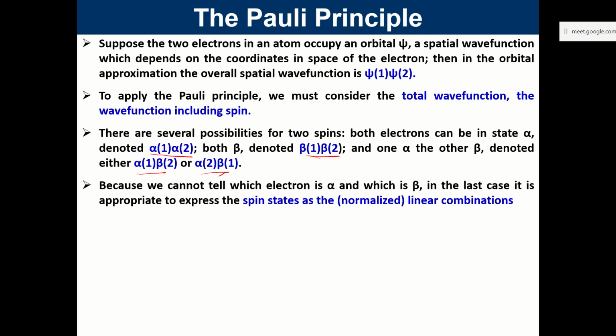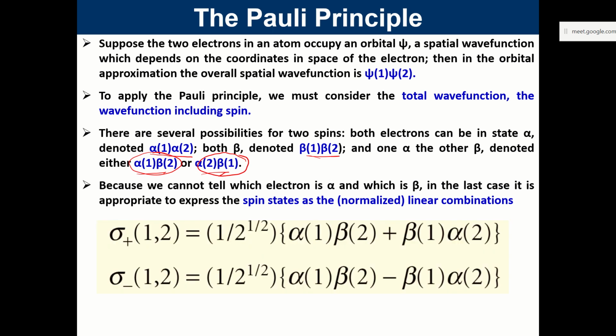For these spin state combinations, we realize that it is not correct to express them this way, because we are not sure which electron has plus half and which electron has minus half spin. So it is not correct to assign that one is completely alpha and the other is beta. We express this as a linear combination of both the spin states.